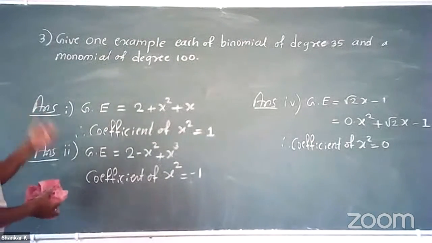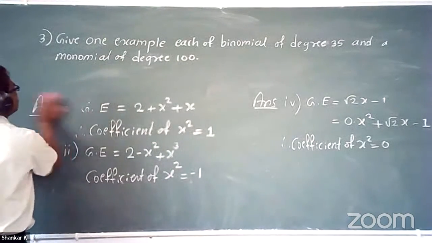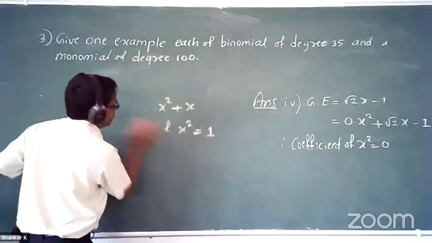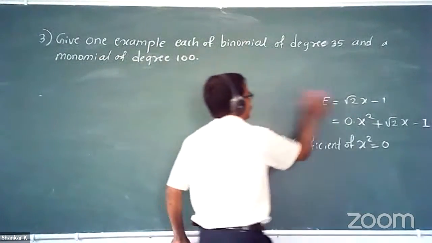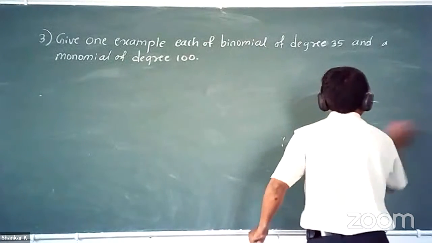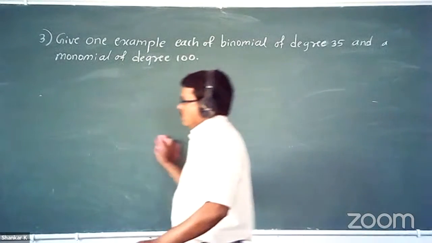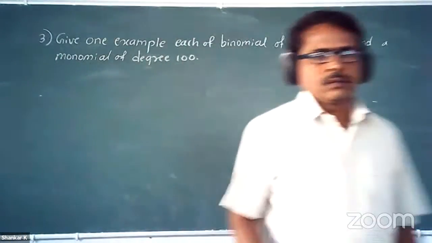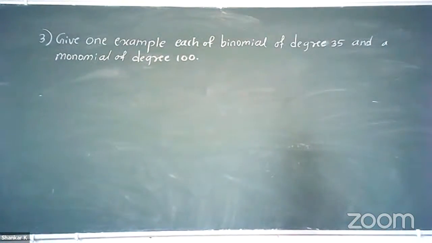You can write any example. Tell me one example when you see. Give one example each of binomial of degree 35 and a monomial of degree 100.